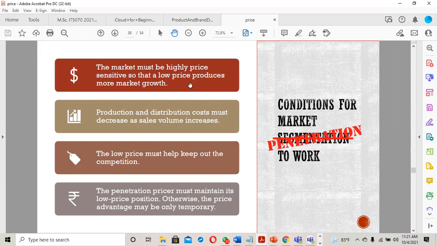Production and distribution costs must decrease as sales volume increases. So as the number of units your company produces increases, the production cost per unit and the distribution cost per unit must come down. This is something that generally happens. We talked about this last time. When you're starting new, you don't have that much expertise or experience about how to make the product, so the initial costs might be high.